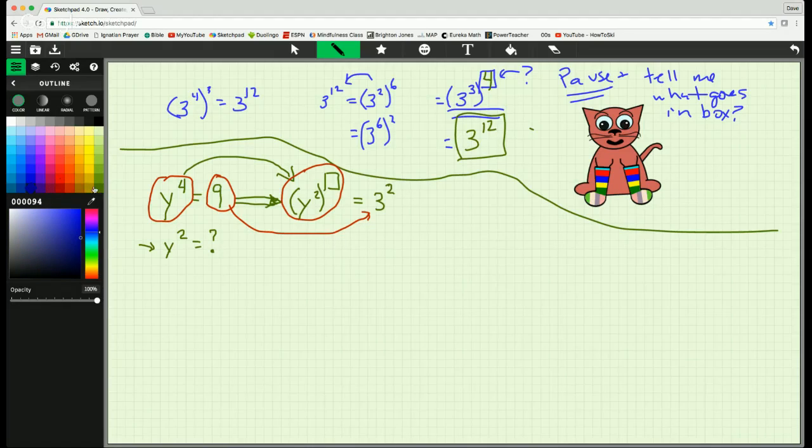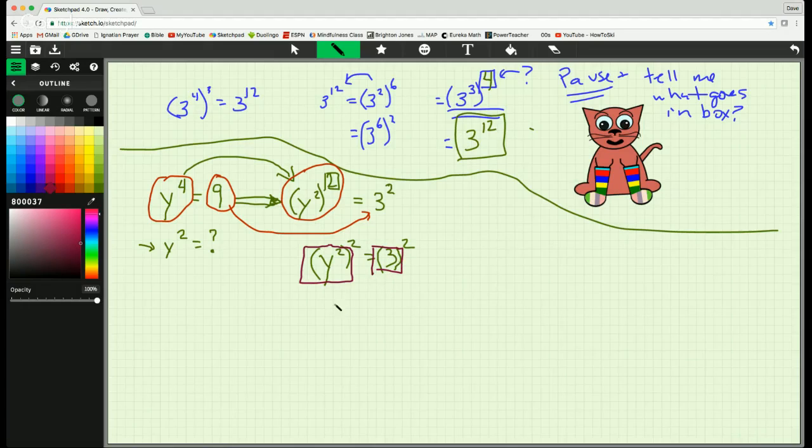And we'll go forward back in green again. So if you told me that this should be a 2, give yourself a pat on the back, because y squared to the second power is y to the fourth. So we're going to write y squared squared equals 3 squared. And I'm just going to put this 3 in parentheses to highlight a very key idea here. If y squared squared is equal to 3 squared, then I know that what is inside this box here must be equal to what's inside this box here, because something squared is equal to something squared.